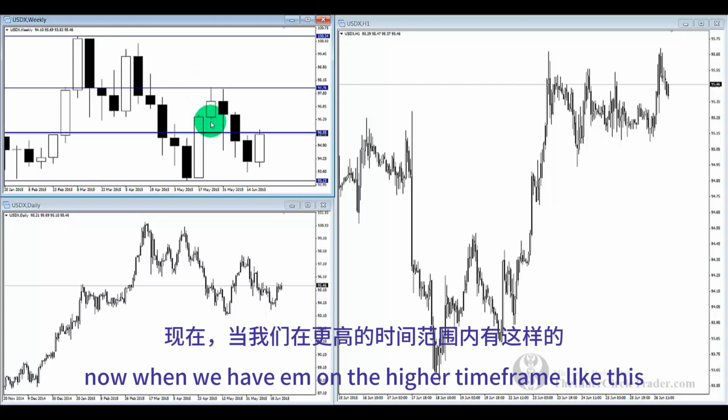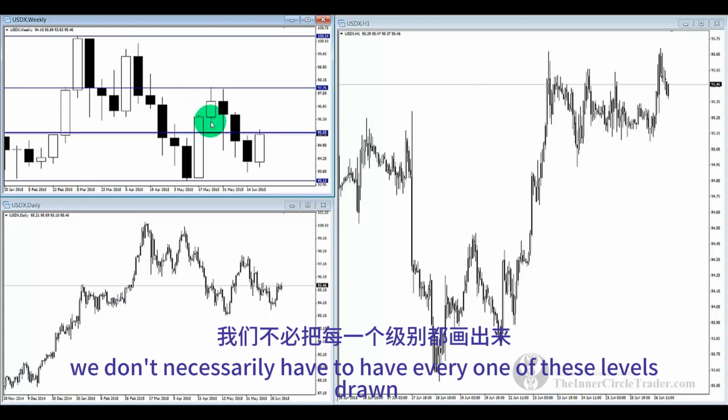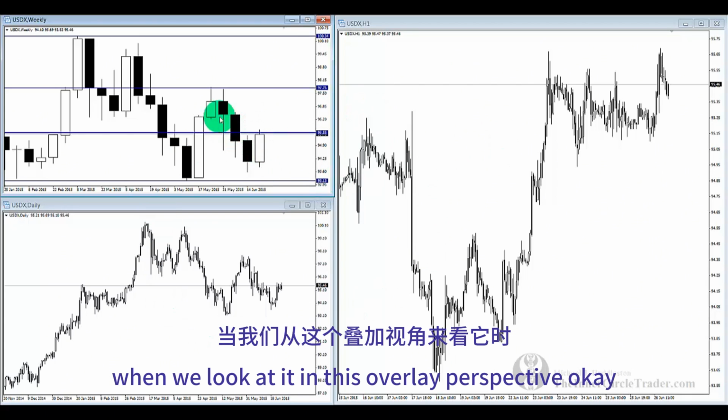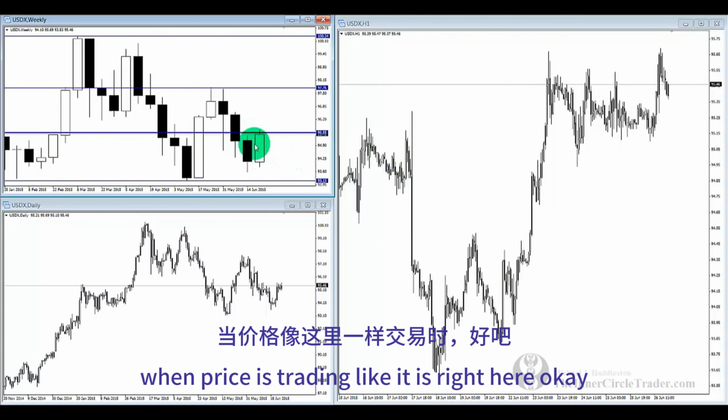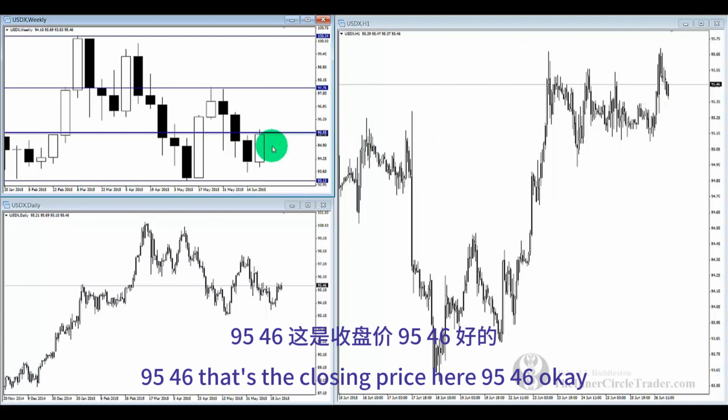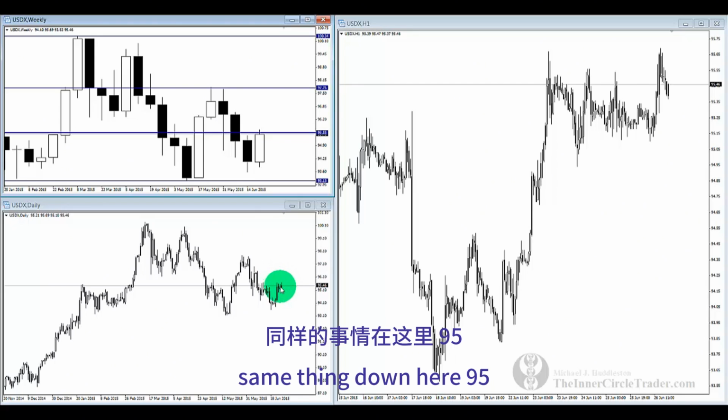Now when we have them on the higher time frame like this, we don't necessarily have to have every one of these levels drawn on our executable time frame like the hourly, because as price trades to it over here, when we look at it in this overlay perspective, this same price is shown the same as it's seen over here. 95.46, that's the closing price here, 95.46, same thing down here, 95.46.